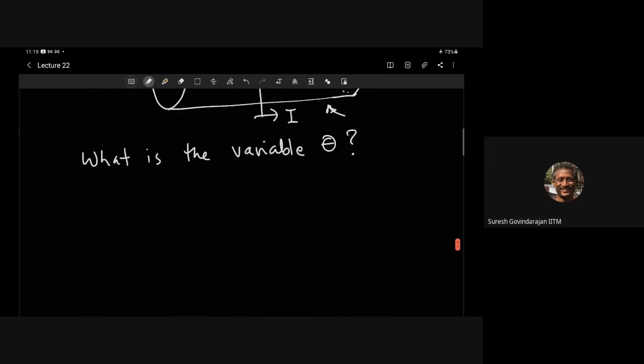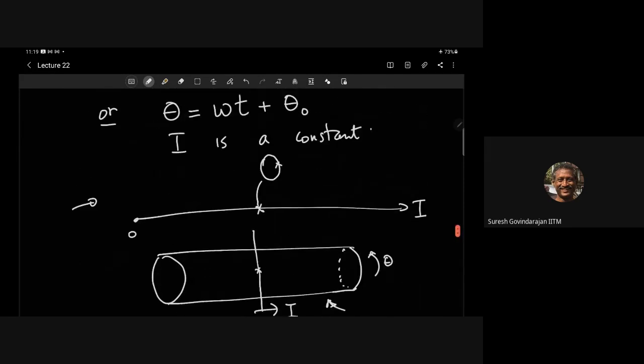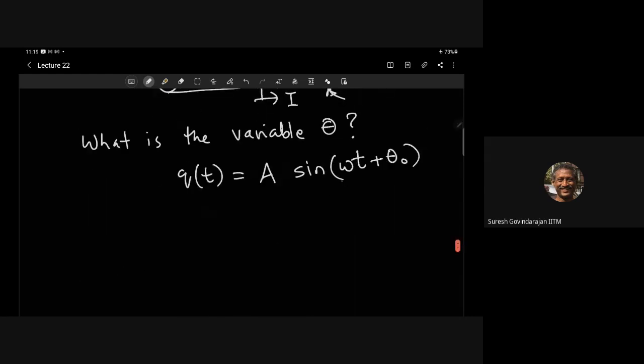So if you remember, the most general q of t would be some amplitude A sine omega t plus some constant. At 0, this is the kind of thing you would do. And you can see here that omega t can be identified with theta, but what is A? So we can work out what the energy is.